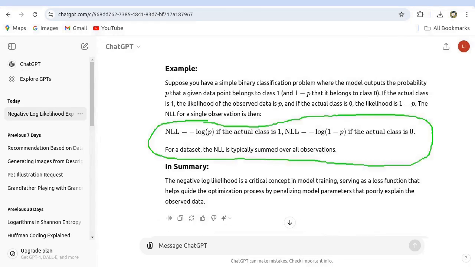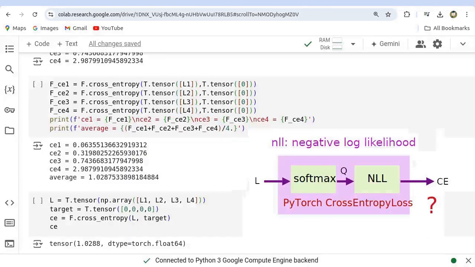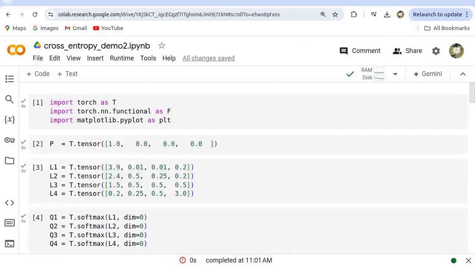It is evident that logarithms play a role in the calculation of NLL. Next, we pass the logits L through a softmax function, then use the PyTorch NLL function, and finally check if the result aligns with the previous ones.